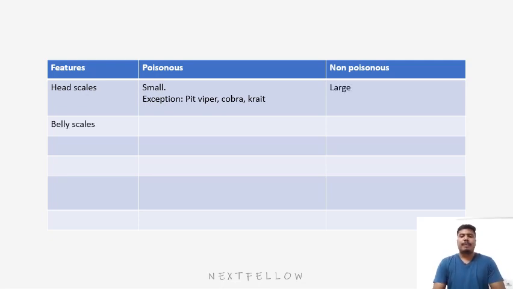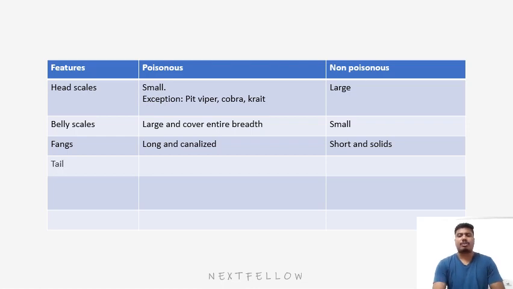The belly scales of poisonous snakes are large and cover the entire breadth, and the non-poisonous have small belly scales. Fangs of poisonous snakes are long and canalized because they contain venom, and the fangs of non-poisonous snakes are short and solid.